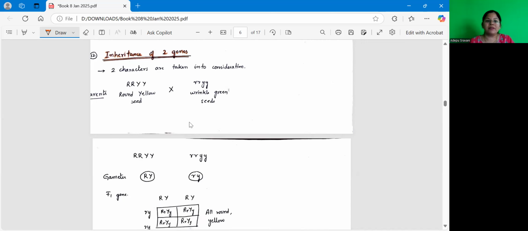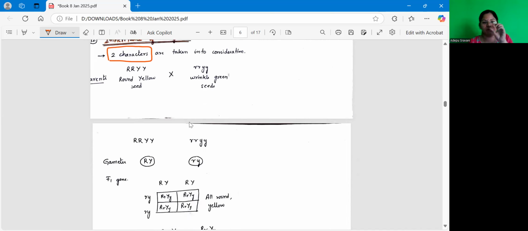So here, what is happening? We have to consider two characters. Instead of taking only height, I can take one more character. In order to make it simple, in seed we'll be learning two characters. What is that? Shape and color. So seed shape and seed color.